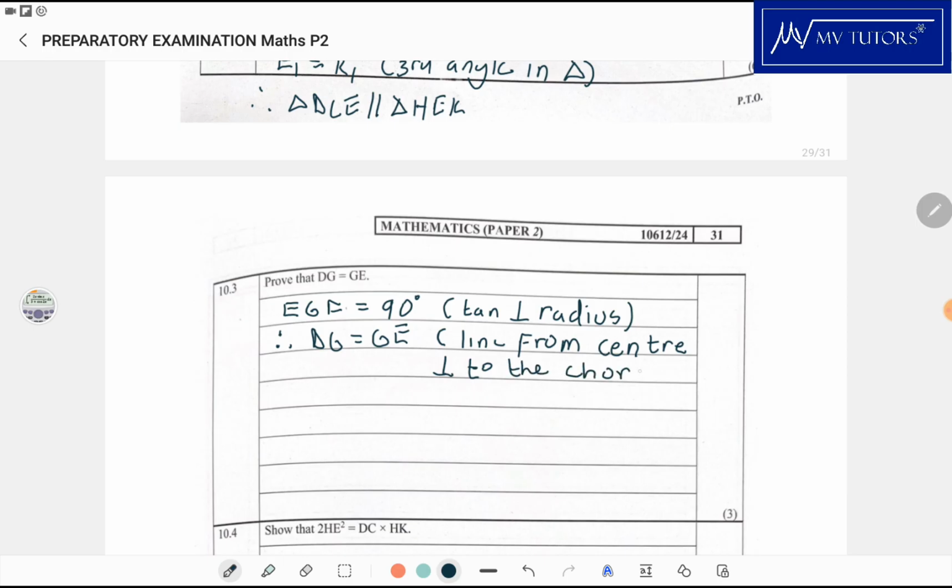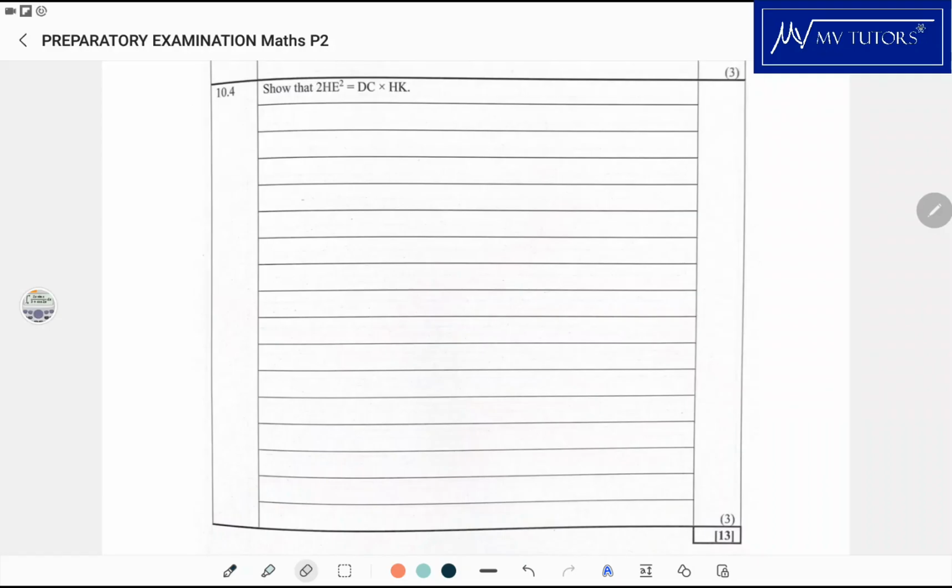That's it. It's just two lines like that, and then we are done with that question.